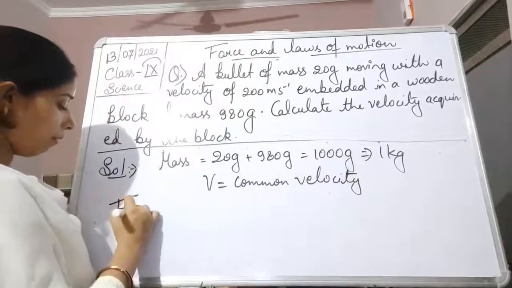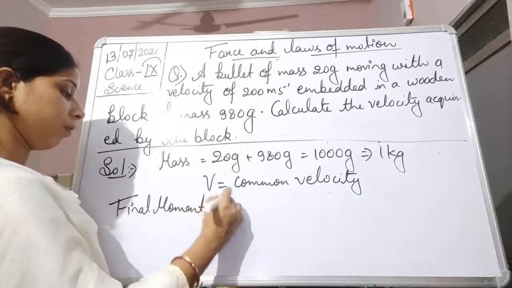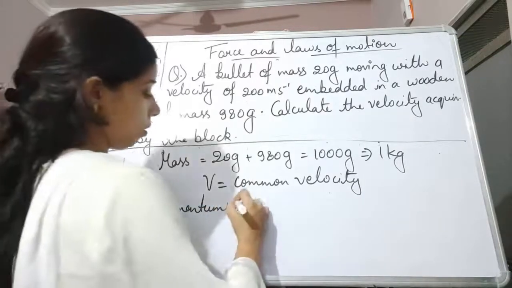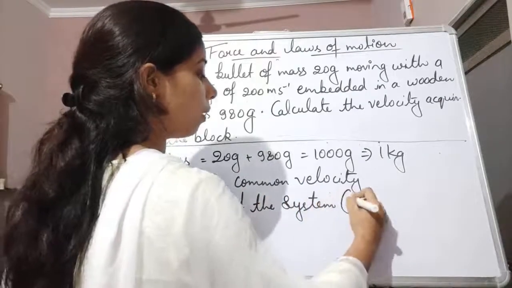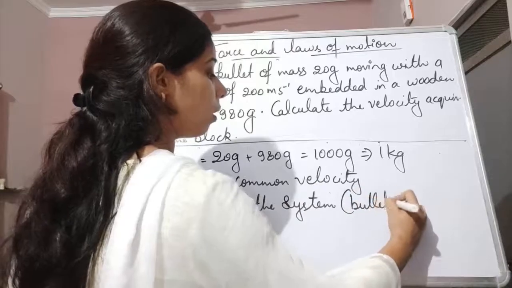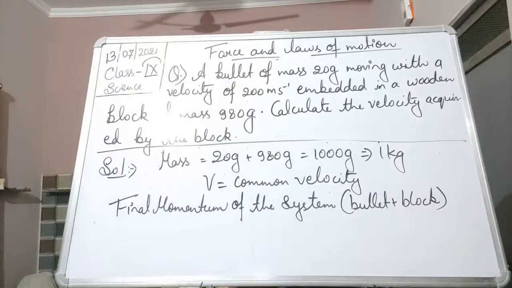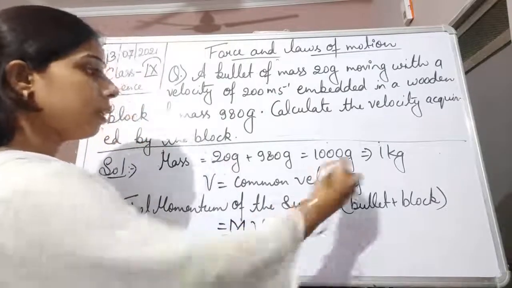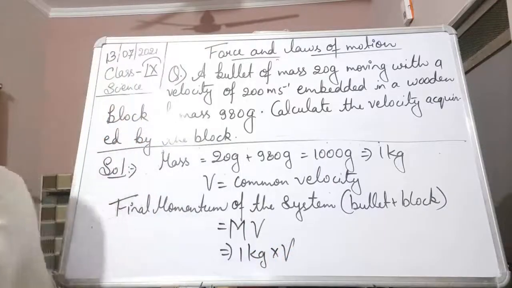So the final momentum of the system, meaning bullet plus block after collision, will be equal to m into v. Mass is 1 kg and velocity is the common velocity, capital V.